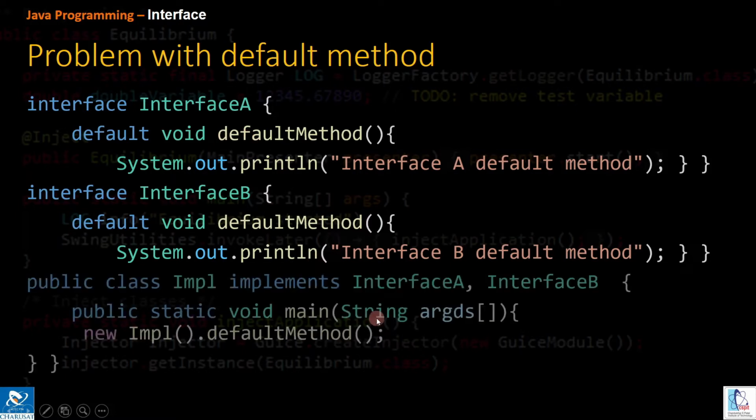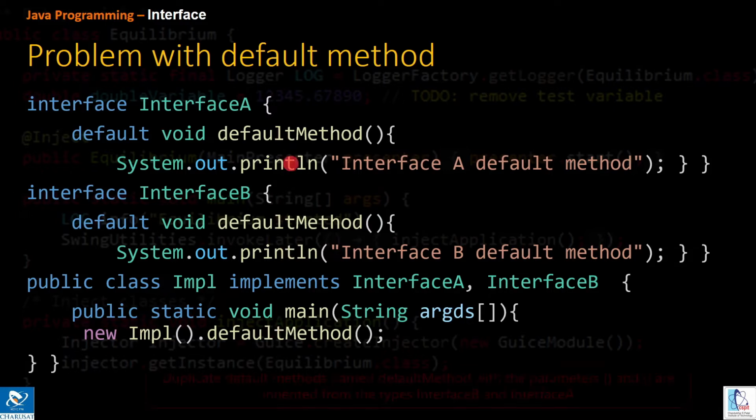Now suppose we have an implementing class like IMPL which implements both interface A and interface B, and from this class, if you try to call the default method, which default method is going to be called? Obviously there is a confusion, an ambiguity, right? So this is not going to be executed.